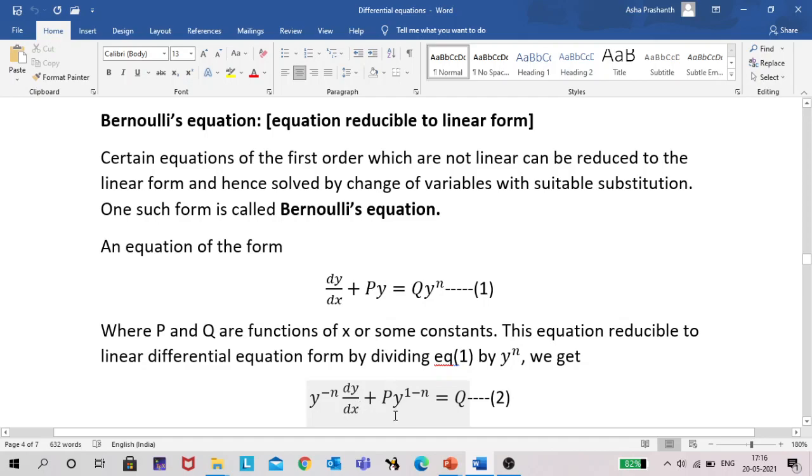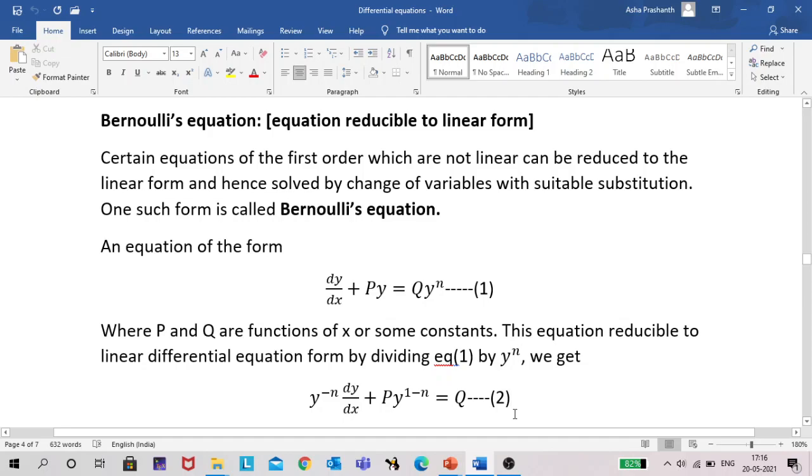Then y by y to the power of n: taking y to the power of n to the numerator gives y to the power of minus n, and since the bases are the same, we add the powers. So you will get y to the power of 1 minus n is equal to q.